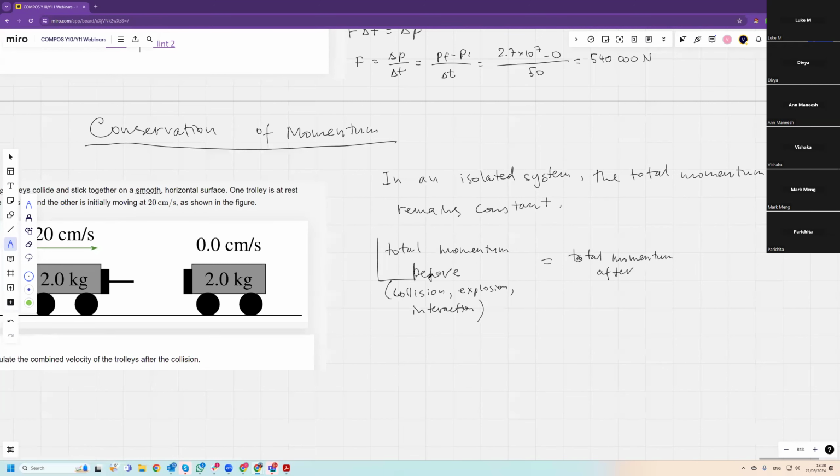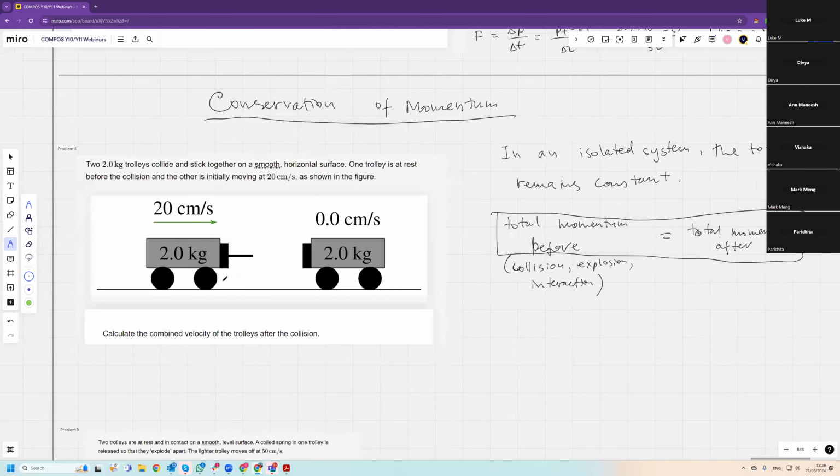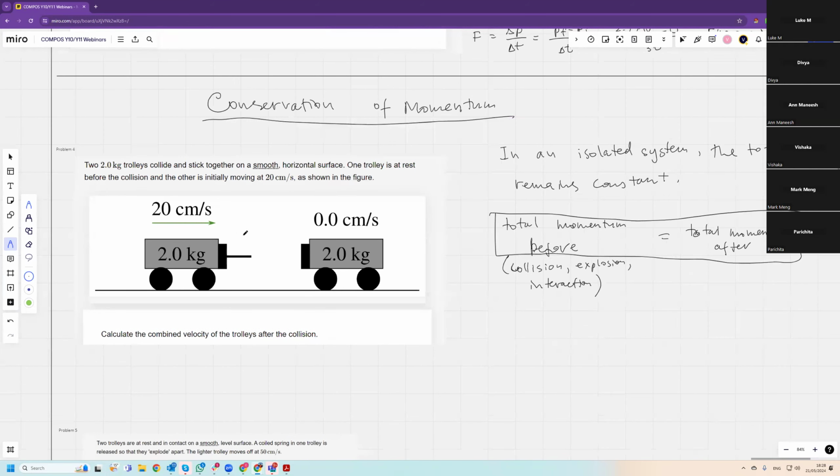So these trolleys collide, and the conservation of momentum tells us that the total momentum before is equal to the total momentum after.